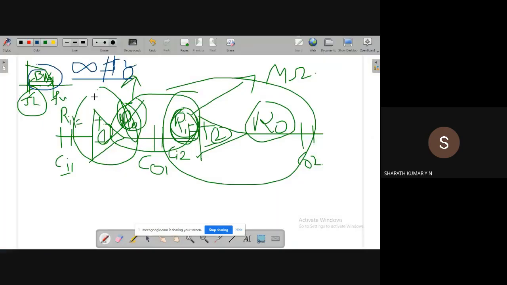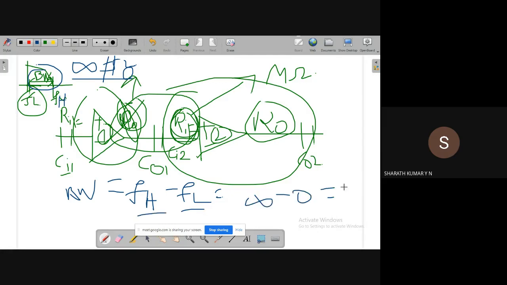Bandwidth is equal to FH minus FL. Ideally, this should be infinite, because FL should be 0 and FH should be infinity. But practically it can go up to, sorry, megahertz, 3 to 4 megahertz. It depends.